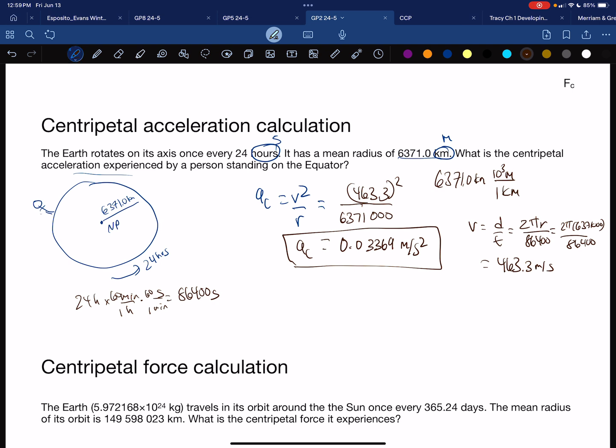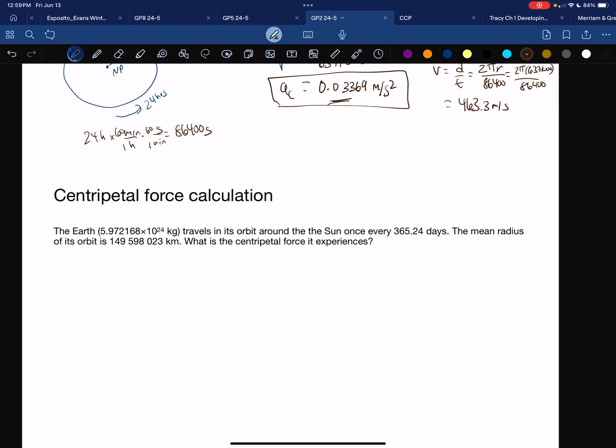This is also why we don't feel it. When people say the Earth is rotating, how could we possibly be traveling 463 meters per second, or 1,100 miles per hour? Well, the answer is that's pretty much a constant speed. We only feel accelerations. We don't feel velocity. So this acceleration is small, so we don't feel it.